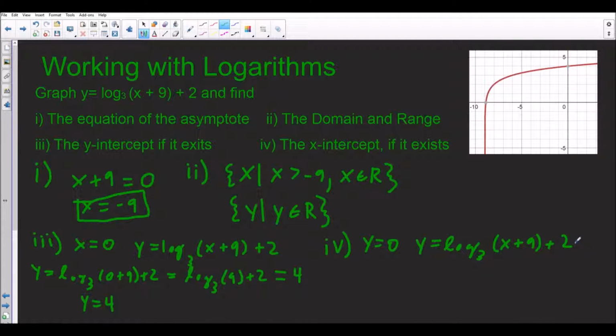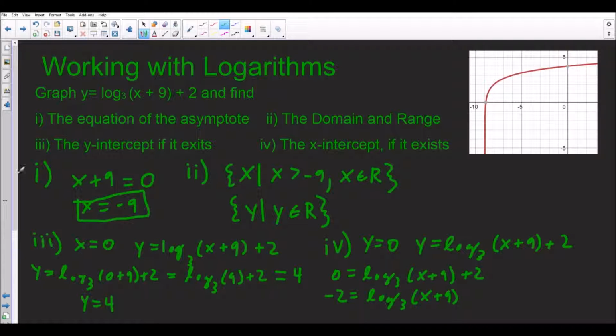We're going to say 0 is equal to log base 3 of x plus 9, plus 2. The first thing I'm going to do is move the 2 over to the other side. So we end up with negative 2 is equal to log base 3 of x plus 9.